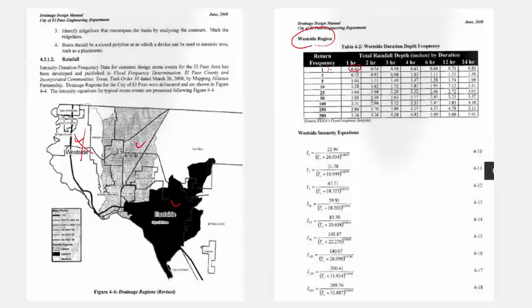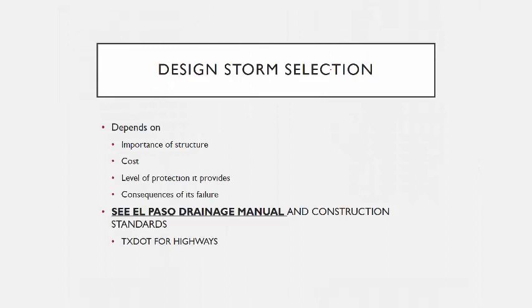So whenever you do this and have the storm selection, the drainage manual, and also the construction manual, give you the design storms that you need for the design. So it's specific, it's given. The design storm depends on the importance of the structure, the cost, the level of protection, and the consequences of its failure.